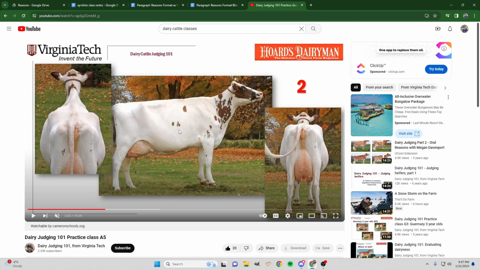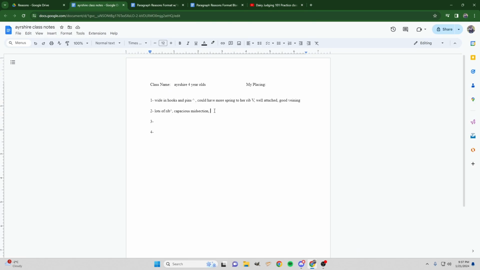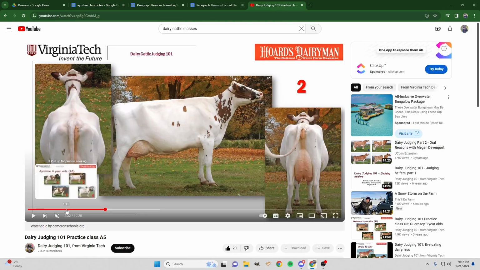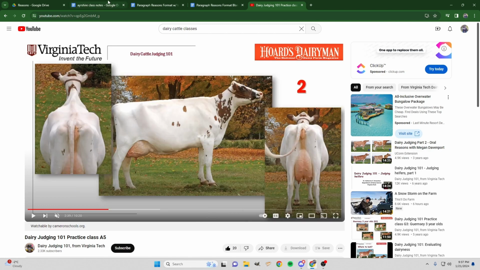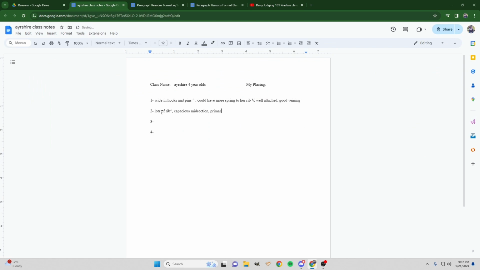And it might just be because of the pictures and the fact that she is a primarily white Ayrshire. Actually, while we're on the topic, she is the most white in this class. She is a touch over conditioned.